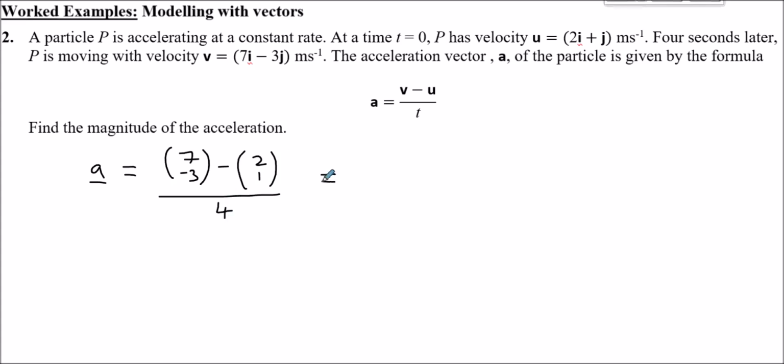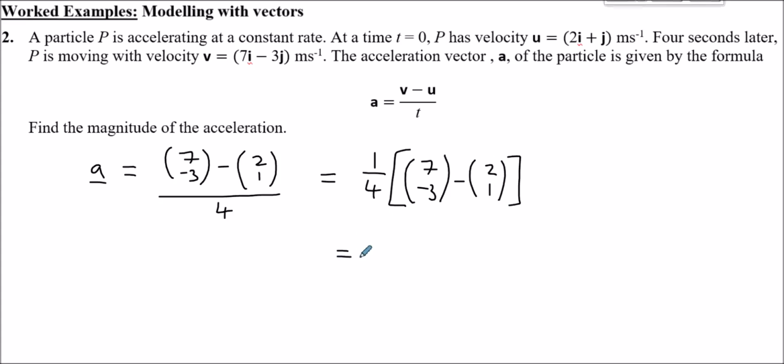When you divide by 4, it's the same as multiplying by a quarter. So it's a quarter of 7, minus 3 minus 2, 1. So we have a quarter of 7 minus 2, which is 5, and minus 3 minus another 1, which is minus 4.